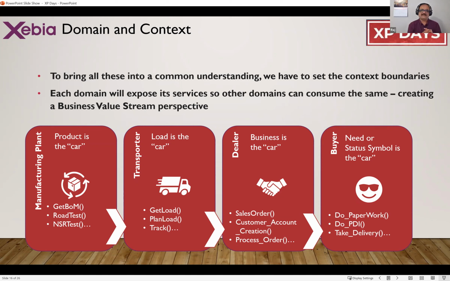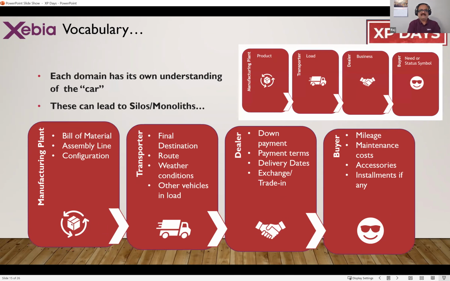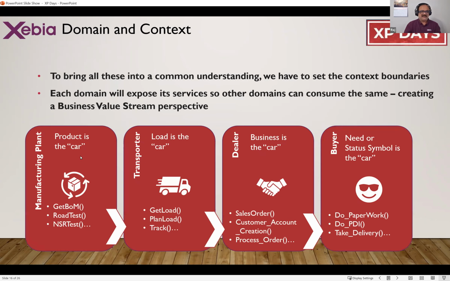We take the delivery. So when you get into the domain driven model, observe what is there on the top line. Compare with the previous one, which had product, load, business need or status symbol, different terminologies. They all are now called vehicle, simply car, for example.